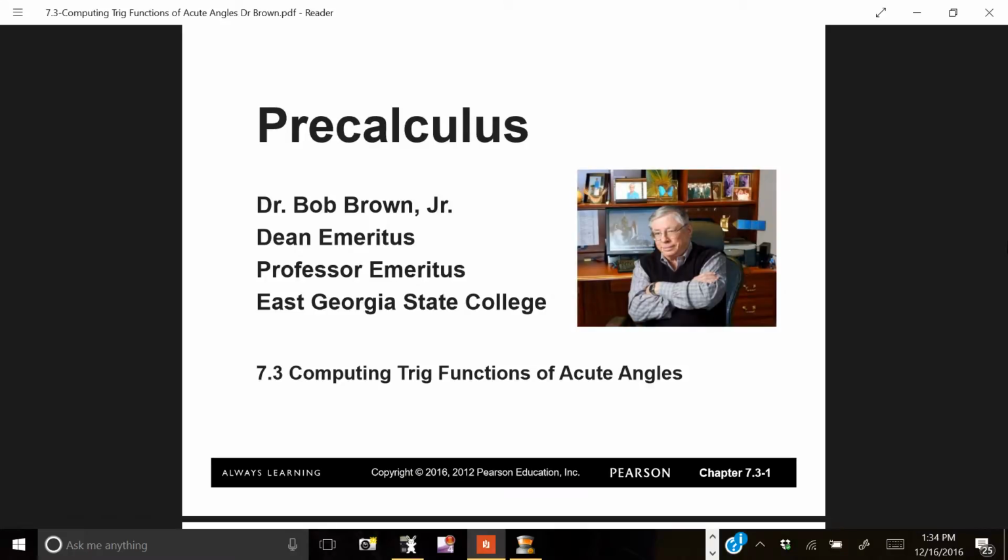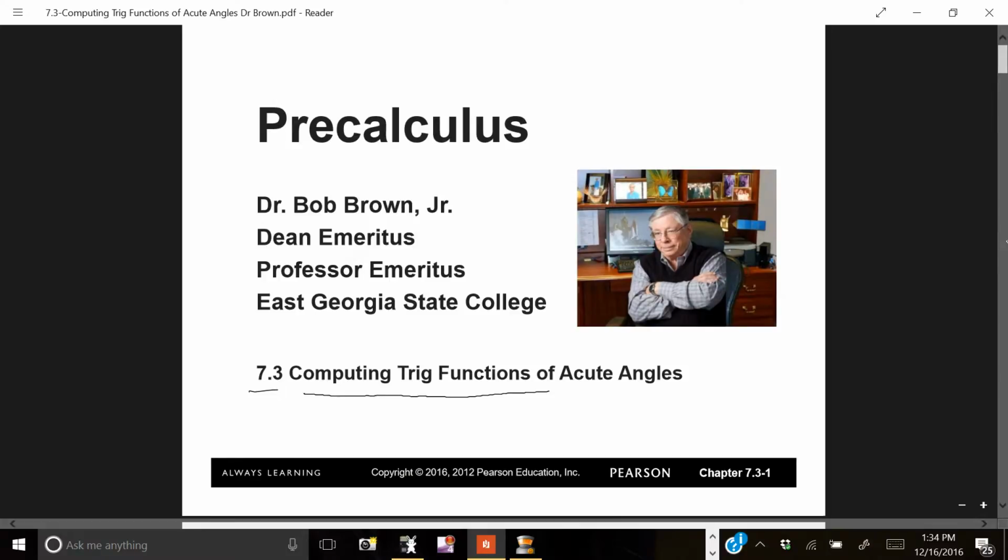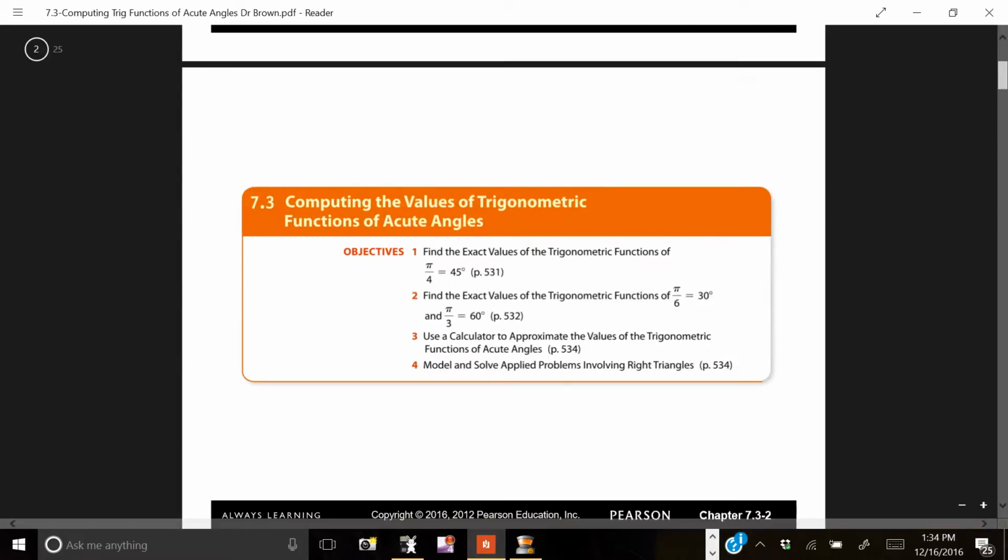Today in this lesson we're going to cover section 7.3, which involves computing trig functions of acute angles. These are some of the topics we're going to cover.